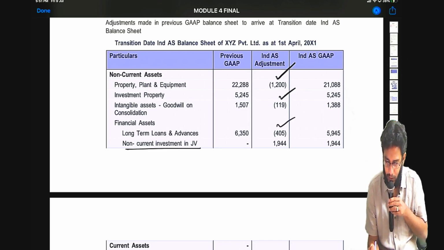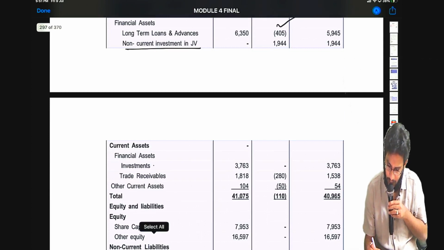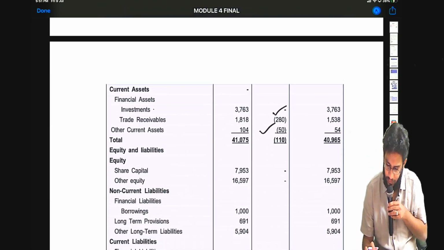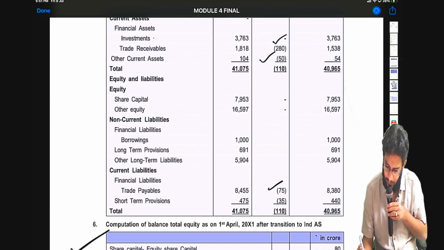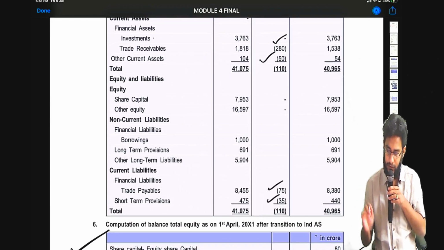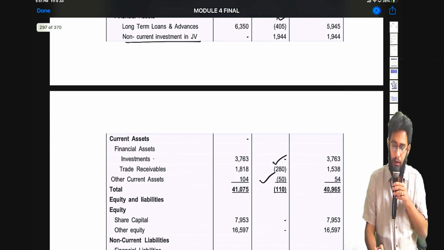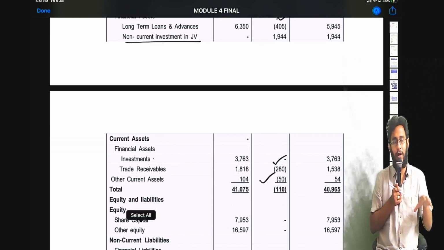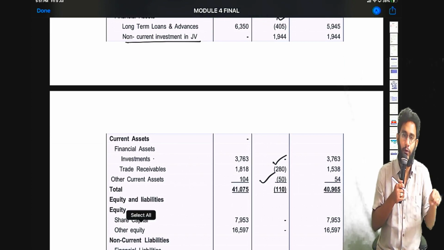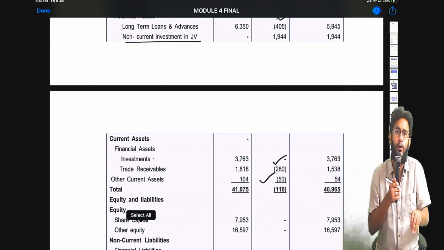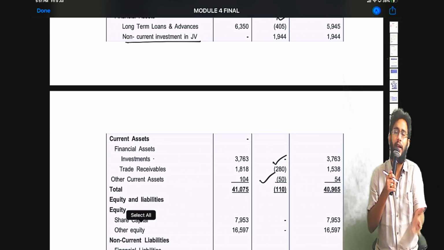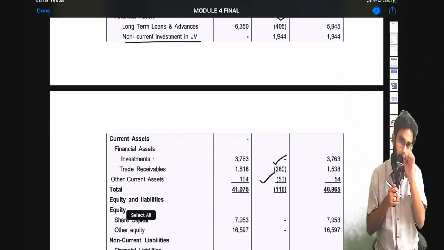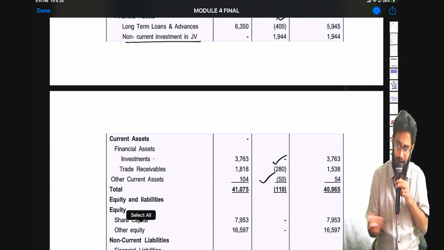Newly created non-current investment in JV. Trade receivables 280 you removed. Other current assets 50 you removed. Trade payables and short term provisions you removed. That's all. You will not find any difference. Balancing figures and adjustments will not come, because whatever items of net assets you removed, including goodwill, that amount only you created as investment in joint venture. So that's the reason you will not get any differences.